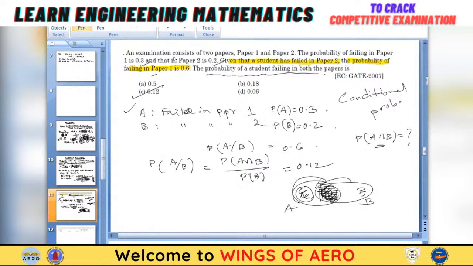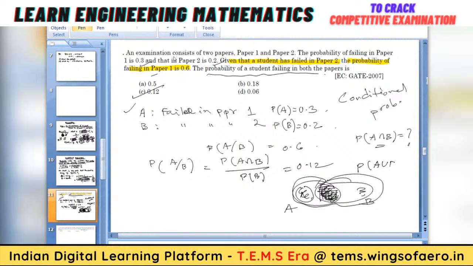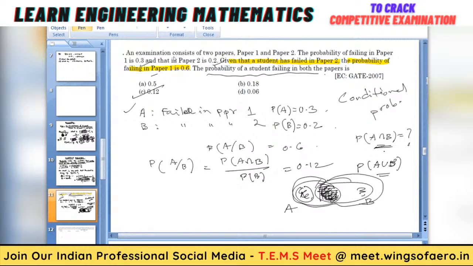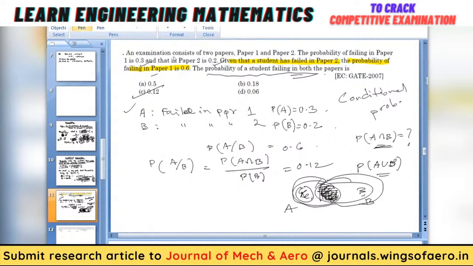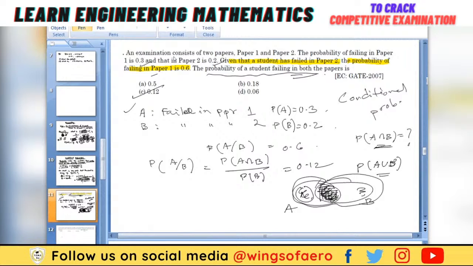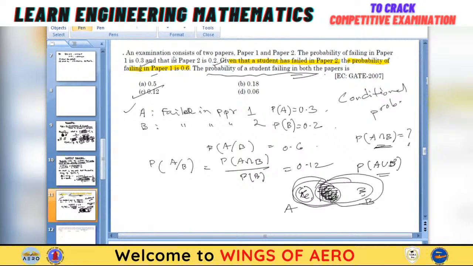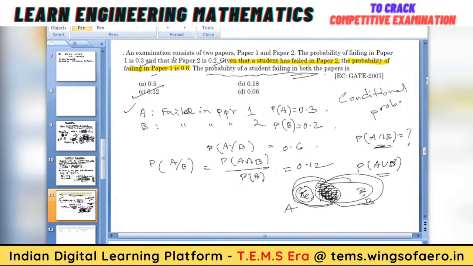All these together give us probability of A union B. Got it? Intersection means only those students who failed in both subjects. Got my point? Any doubt now?